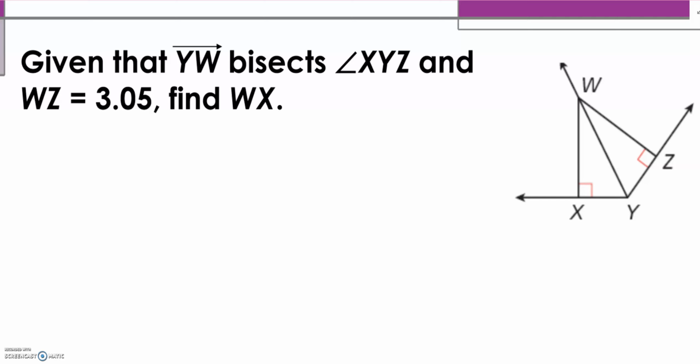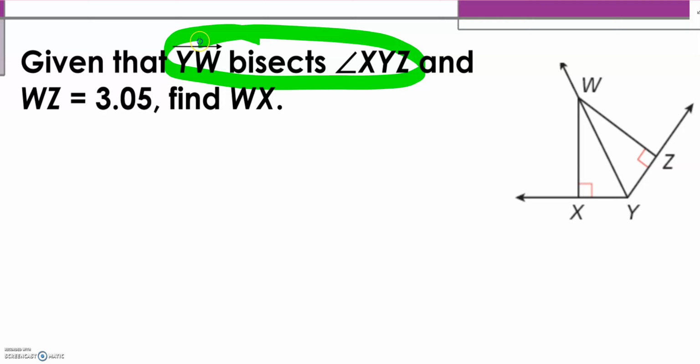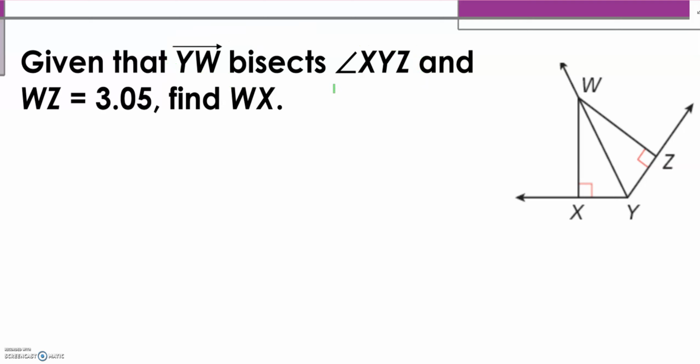I don't see that I have an angle bisector, but they do tell me that YW bisects angle XYZ. So if XYZ is getting bisected by YW, I know that these are the angles that are congruent, right? That's the angle that was split into two congruent angles.